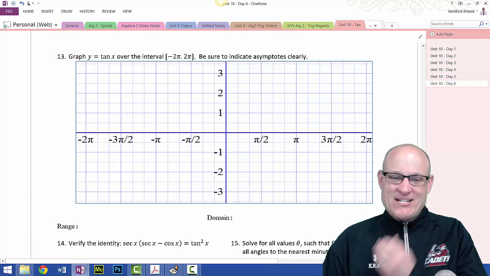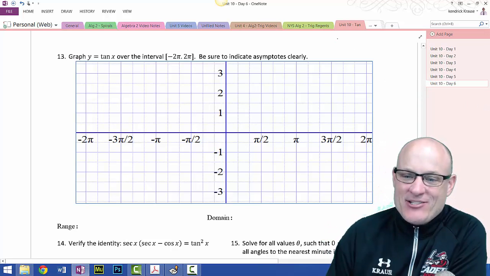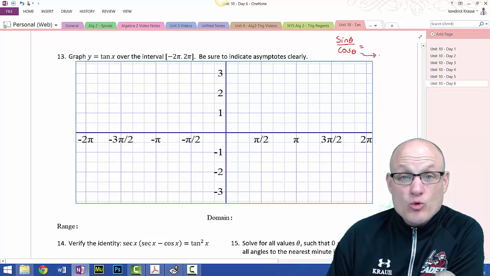Uh-oh. Tangent. Let's see. When is tangent undefined? Tangent is sine of theta over cosine of theta. And tangent is undefined whenever cosine is equal to 0. Well, cosine is equal to 0 at 90 degrees and 270 degrees.